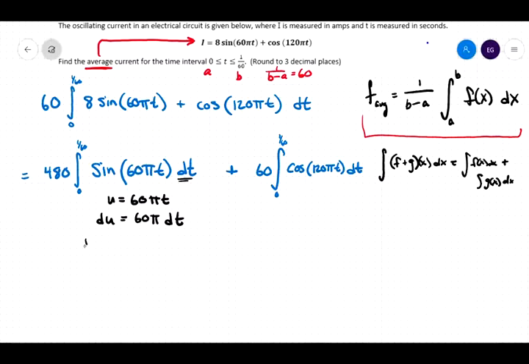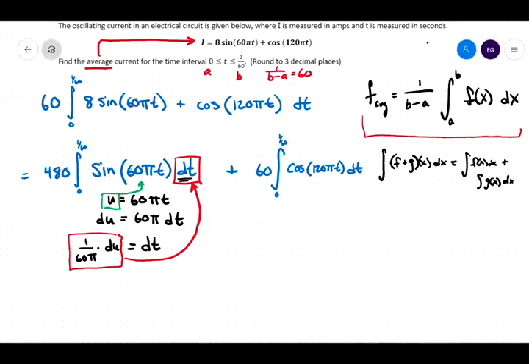So we could say 1 over 60 pi times du is equal to dt. So this will sub in for the dt, and this will sub in for the 60 pi t. Okay, so that'll clean things up nicely.